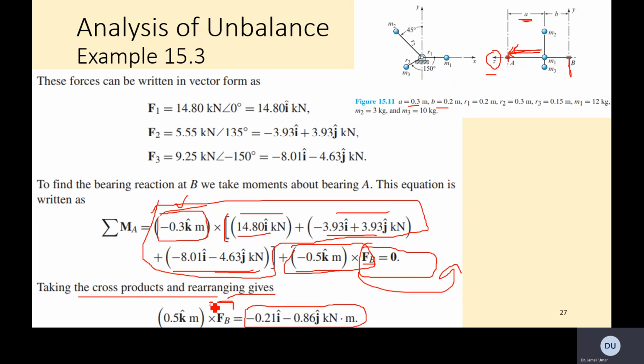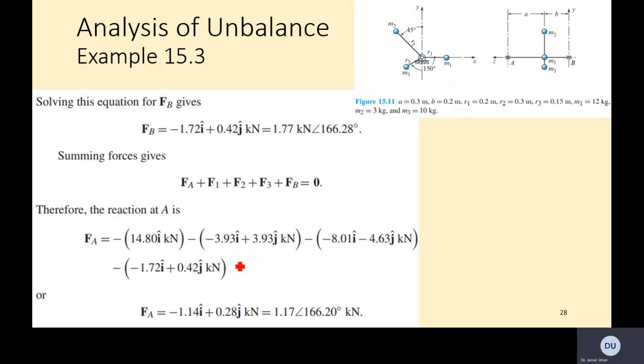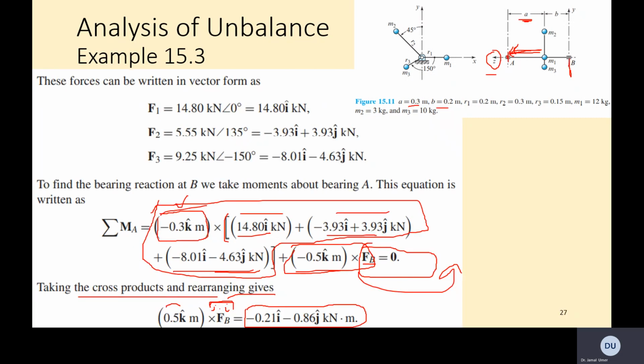You write such a vector. For example, you have 0.5 k, and what vector do you multiply to produce i? When k is multiplied with j, you produce i. So there must be some j value over here, and then you have j here. So k should be multiplied with i so that you will have j. Here, for example, he has done this. So you have i and j components, right?